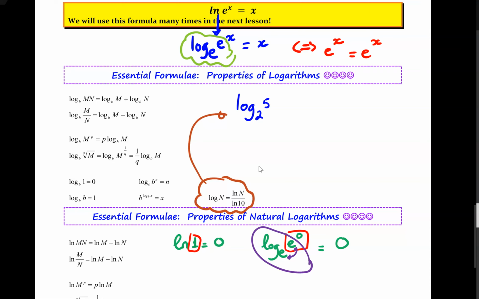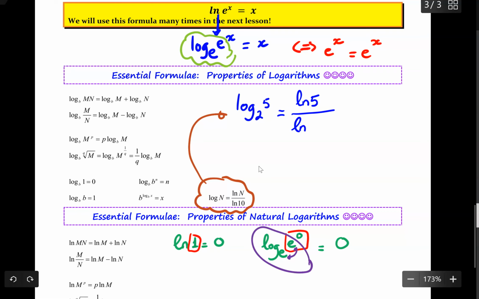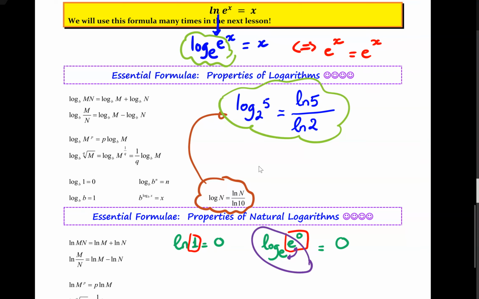What I will do is take the natural logarithm of 5 and divide it by the natural logarithm of 2. This will give me the solution for this particular one, without having base 2 as a log on my calculator.